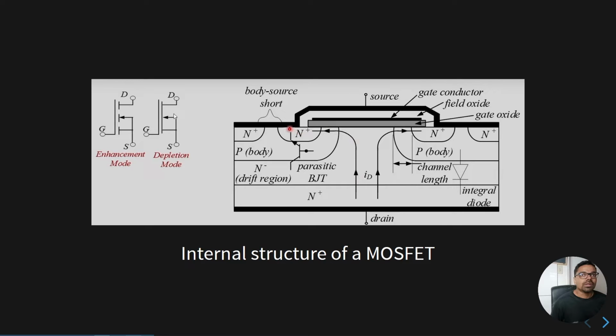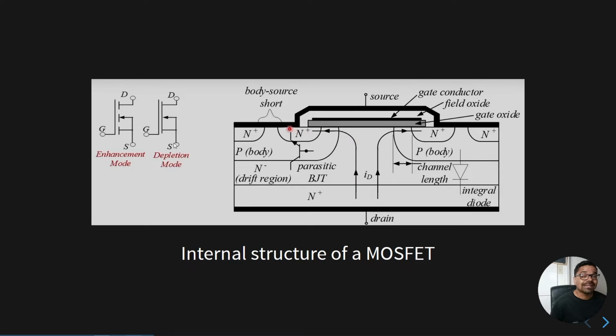As I mentioned, we're trying to understand a MOSFET from a practical perspective. If you apply gate voltage, it'll be in conduction mode. But this is an ideal MOSFET. A practical MOSFET has other issues you might want to consider, and some of those are parasitic elements. What are the parasitic elements?